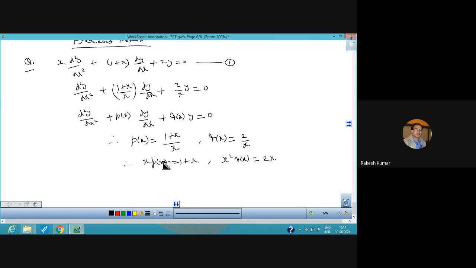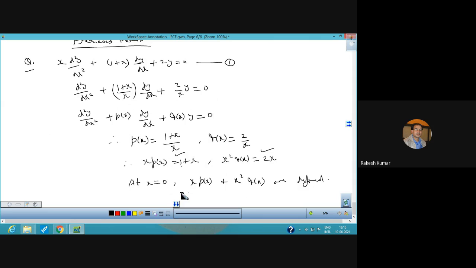So now we have to check these functions at x equal to 0. At x equal to 0, these two functions are defined. Just see, 1 plus 0 comes out to be 1, and 2 into 0 comes out to be 0. So both have a definite value. So we can say that at x equal to 0, x p(x) and x square q(x) are defined.